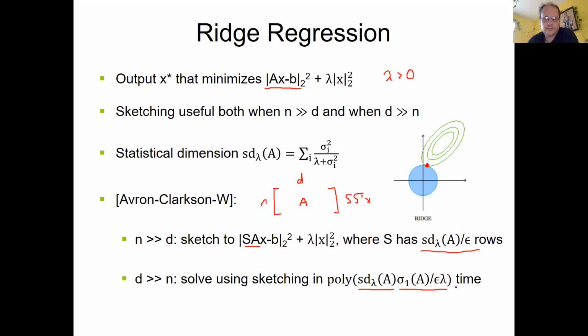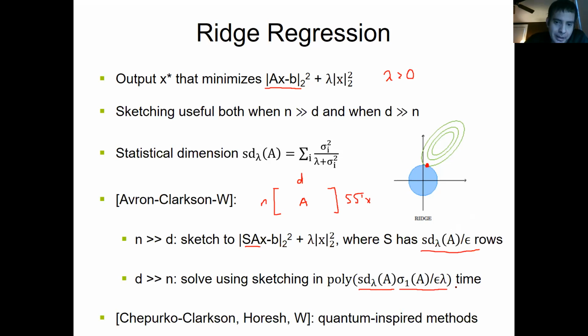So you can sketch the left and the right of A, and now just get some tiny problem that depends on the statistical dimension, if you'd like. And I do want to mention that ridge regression has been studied recently in some quantum-inspired algorithms, and techniques similar to those here are useful for developing more classical numerical linear algebra-based algorithms for these quantum-inspired problems.